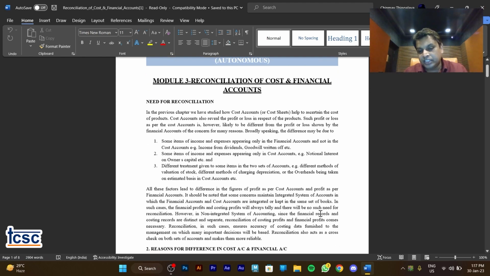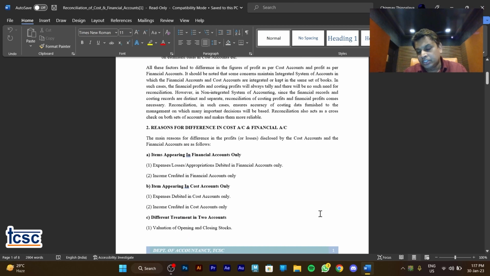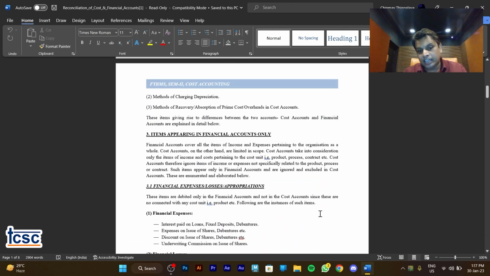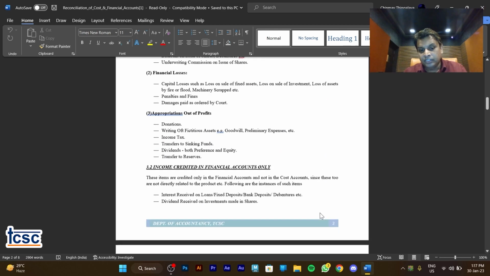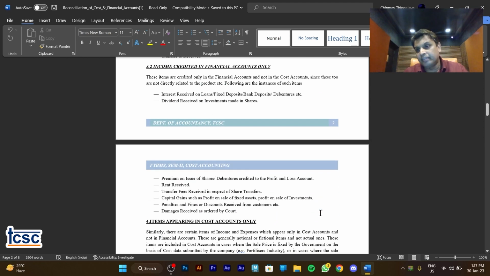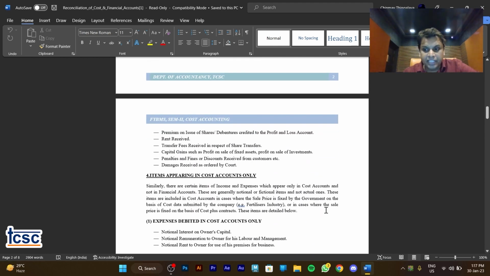We have discussed the deviation, the reasons, and after the reasons we have done how we are going to treat them. The concept is very clear: what the other has done, that only I am supposed to follow. If the cost accountant follows something, the financial accountant has to follow the same thing for reconciliation.